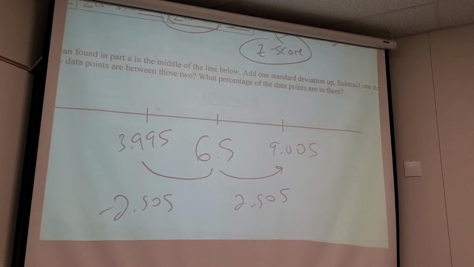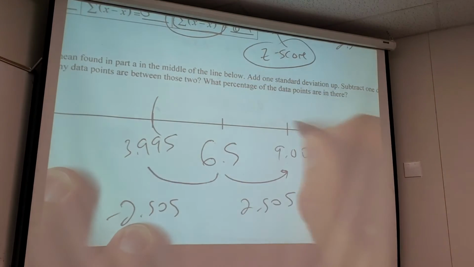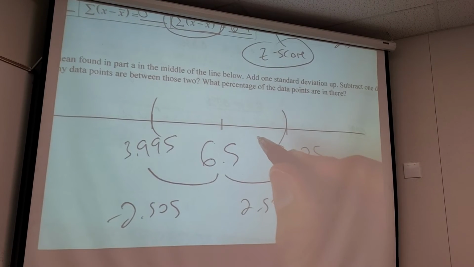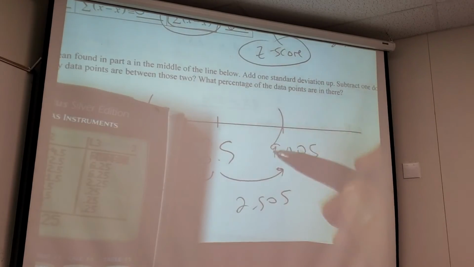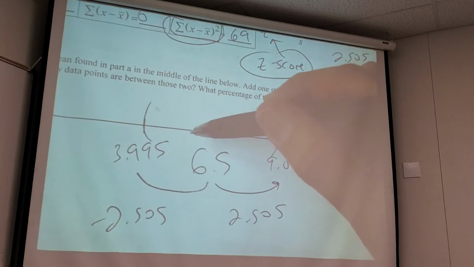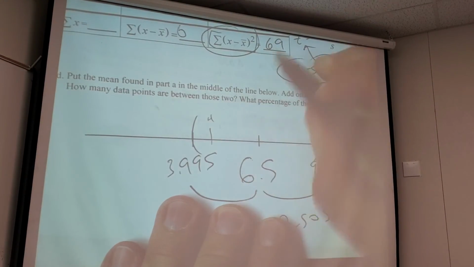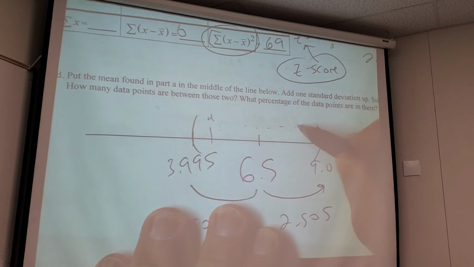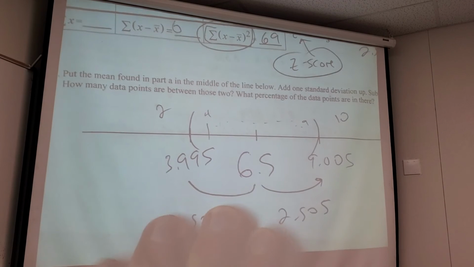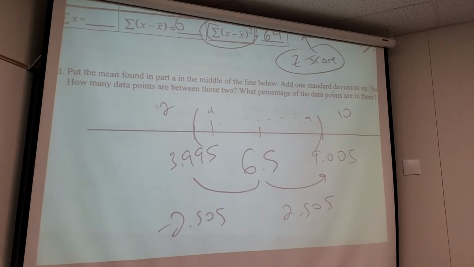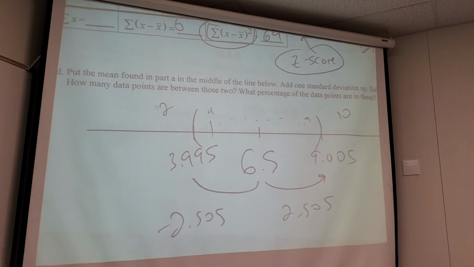Now the next question is kind of weird. Did I catch the 2s in here? No. Did I catch the 3s? There are no 3s, so I didn't catch any. Did I catch the 4s? Yes. So I caught all the 4s, all the 5s, all the 6s, 7s, 8s, 9s, but I didn't catch the 10s or the 2s. Do you guys see what I'm saying? So how much did I catch? What percentage?